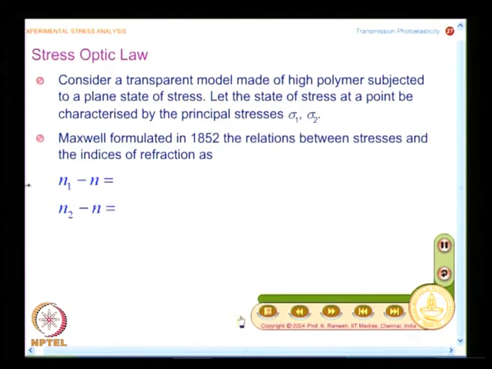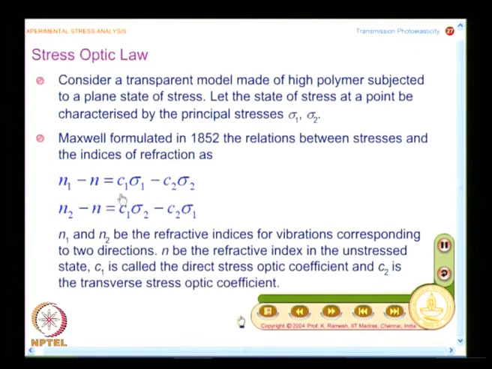And Maxwell in 1852 formulated relations between stresses and the indices of refraction. He conducted a series of tests and found that n 1 minus n is related to sigma 1 minus sigma 2. It is a function of the material constant.